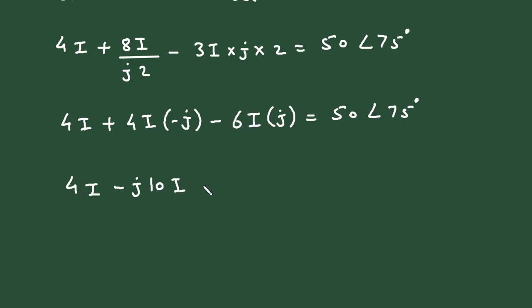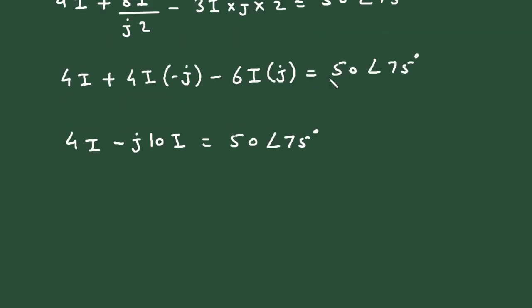Now this is the correct format. It is equal to 50 at an angle 75 degrees. Now currently it is given in rectangular form and this is given in polar form. Here we can take this I common from here. So let's take I in bracket, 4 minus j10 is equal to 50 at an angle 75 degrees.